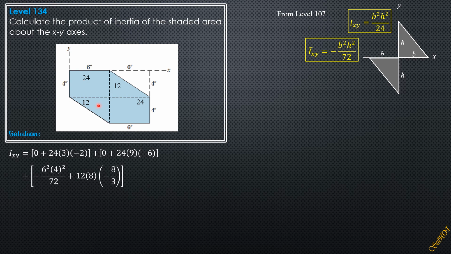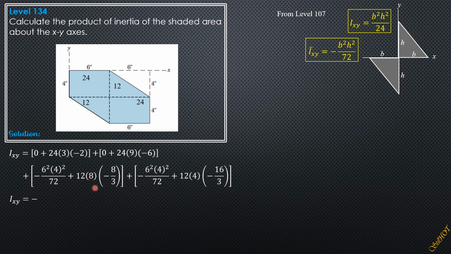For this triangle here, with respect to the centroid, negative 6 square, 4 square over 72, area 12, bar x is 2 thirds of 6, so positive 4, bar y is negative 4 and negative 1 third of 4, negative 16 thirds. So plus quantity negative 6 square, 4 square over 72, plus 12 times 4 times negative 16 thirds.